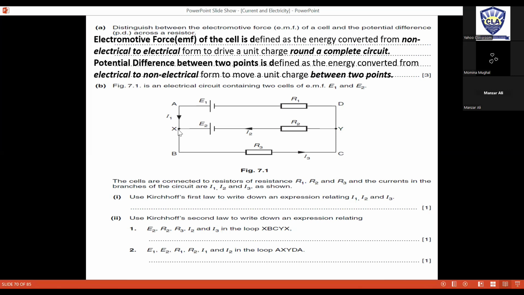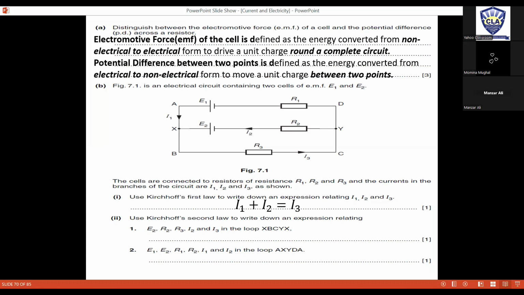I choose X. Observe I1 is entering by its arrow. I2 will also be entering from the fact that it is positive E2 connected to X. So I2 will also be entering and I3 will be leaving. So my relationship is I1 plus I2 is equal to I3.